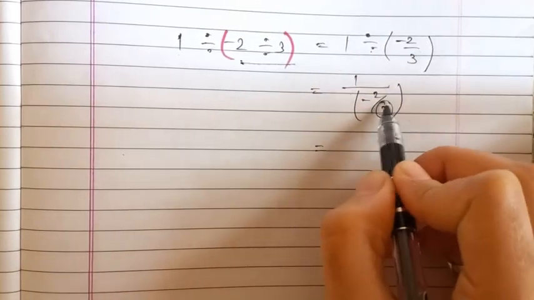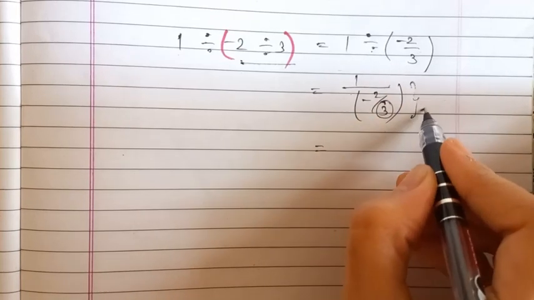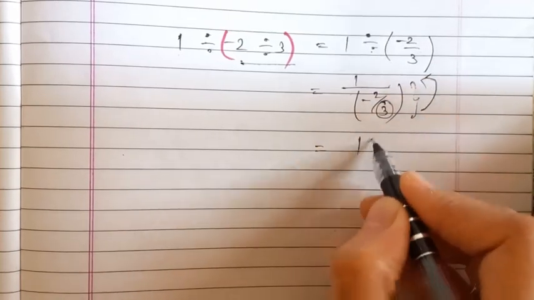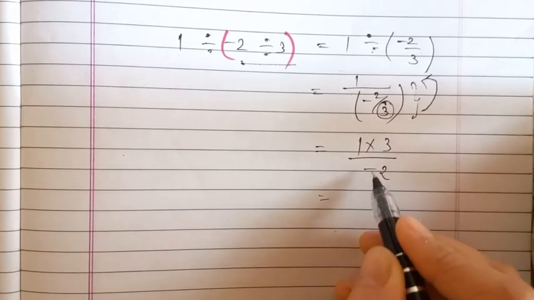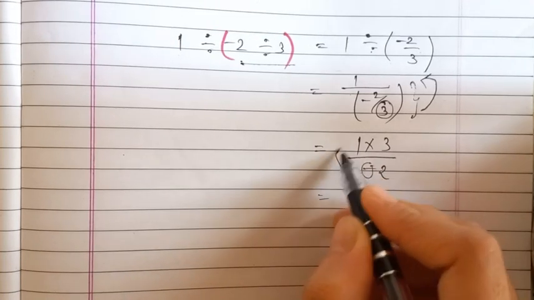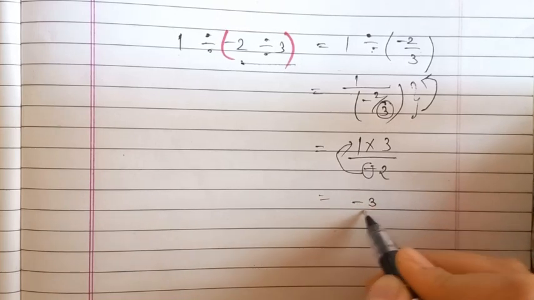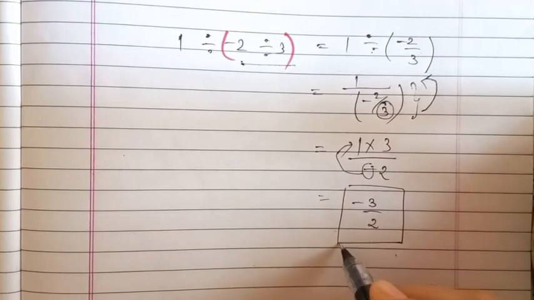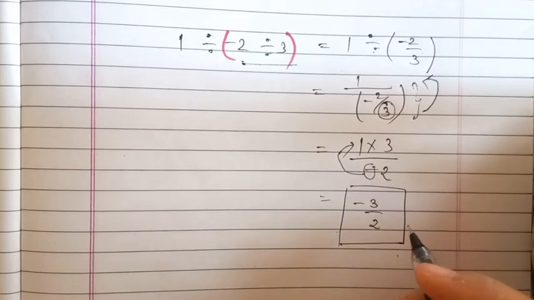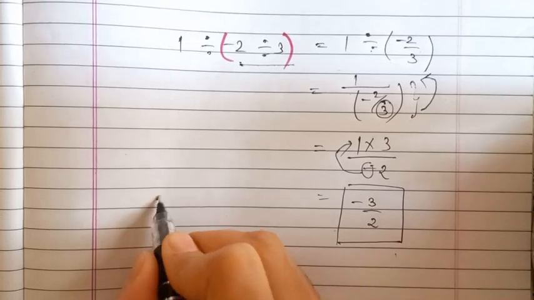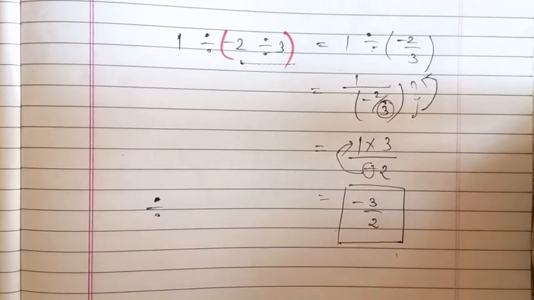So the denominator of the denominator always comes in the numerator. So 1 into 3 over -2. The minus sign will be assigned to this 3, so -3 by 2. Then you see the answers are not the same after making different groups. So division is not associative.